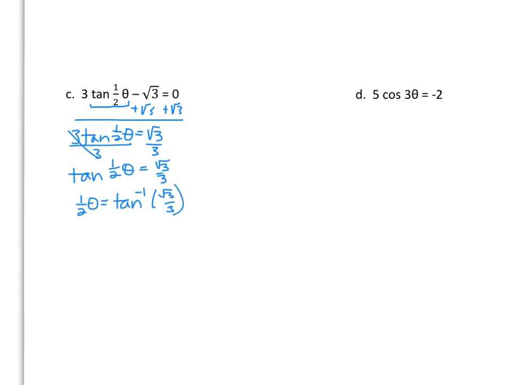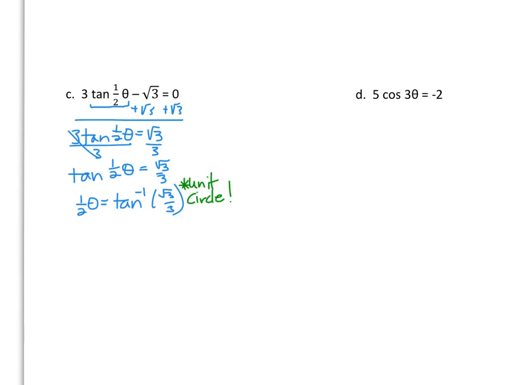Think to yourselves, unit circle or not unit circle? Tangent's not quite as common as sine and cosine. However, square root 3 over 3 is in fact a unit circle friendly location. And you are welcome to write tangent values if you have other notebooks or if you want to just calculate them on your unit circle to have as reference. This would be one of those situations where it would pay off.